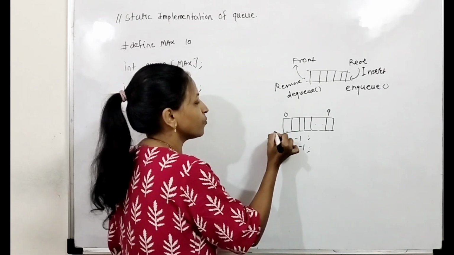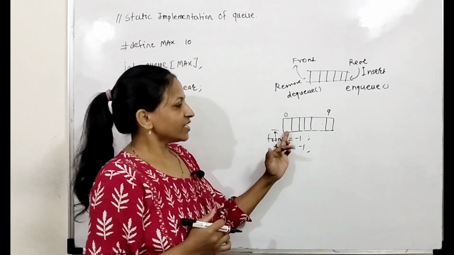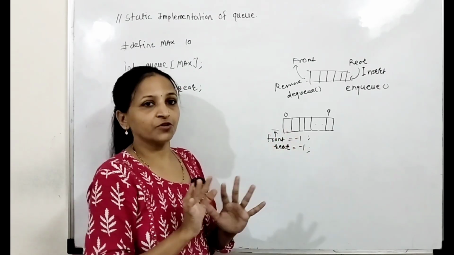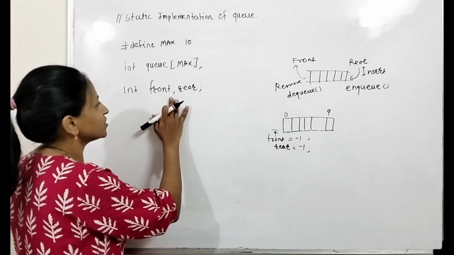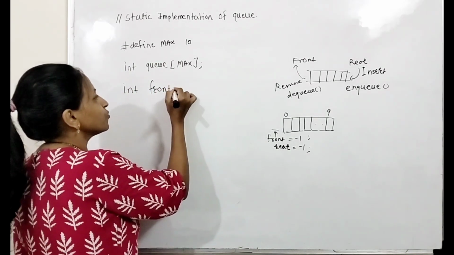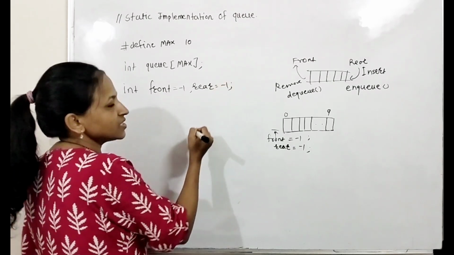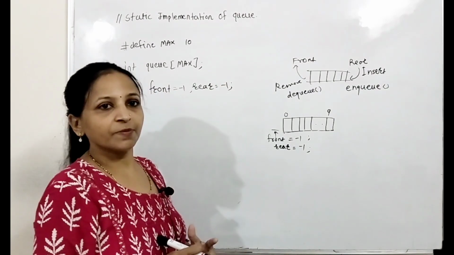Those will point here, means nothing is there, and whenever you insert any element, then you have to increment that front or rear and so on. Front equal to -1 and rear equal to -1. This is the variable declaration which is needed in this static implementation.